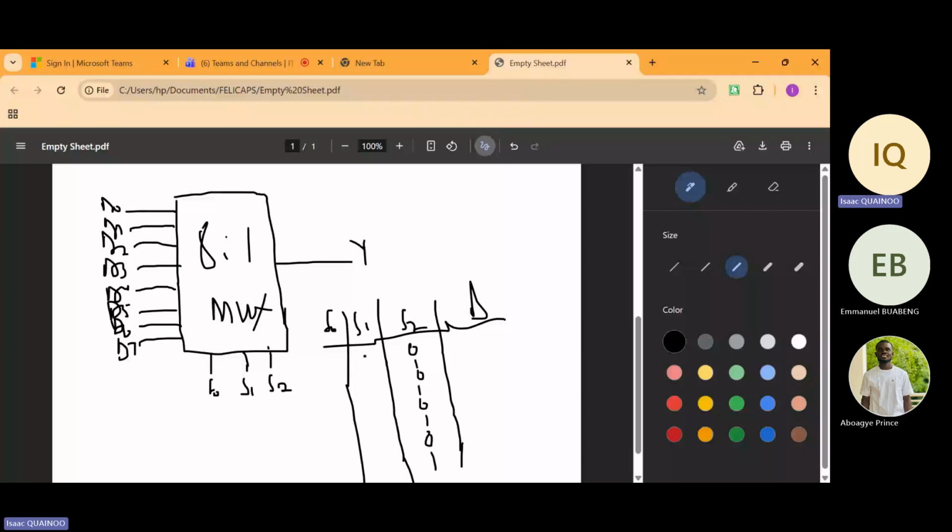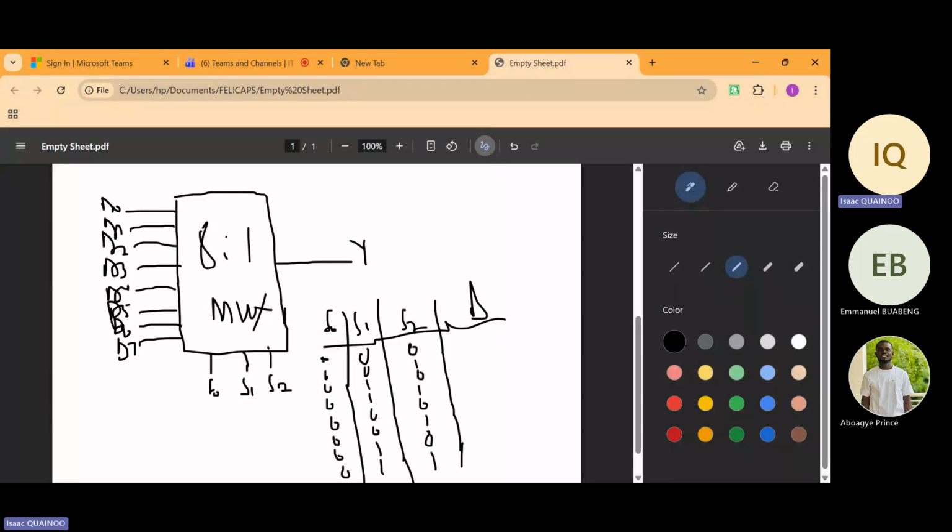So here is 0, 0, 1, 1, 0, 0, 1, 1. And then we have 0, 0, 0, 0, 0, 0, 0, 0. Okay.